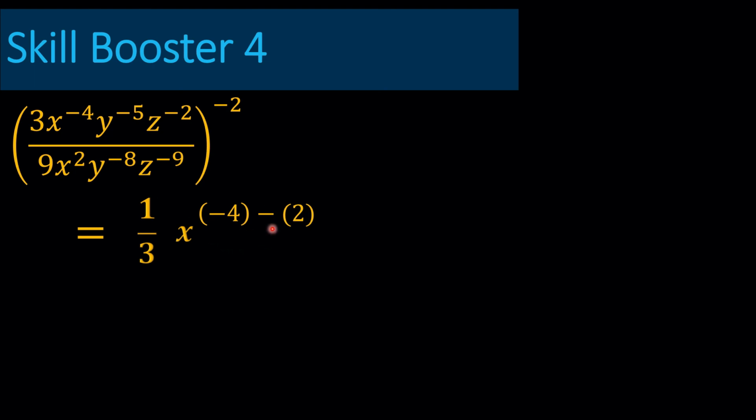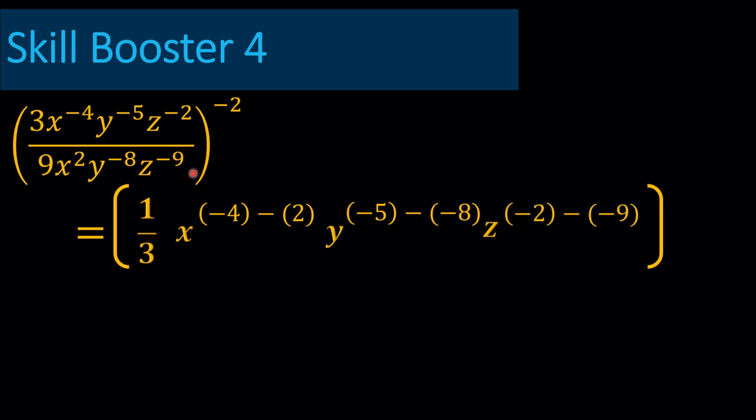And then moving on, again, they have the same base, y, so we can do the same as we did with x. So you will have y raised to the power of negative 5 minus negative 8. The same with z, that is negative 2 minus negative 9. And do not forget, we are still going to raise it to the power of negative 2.